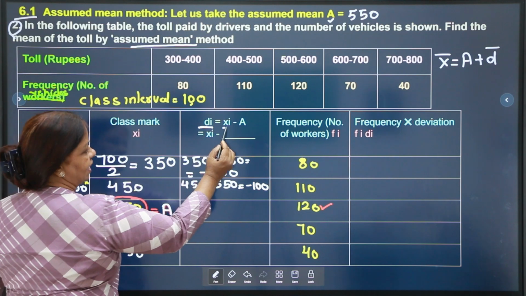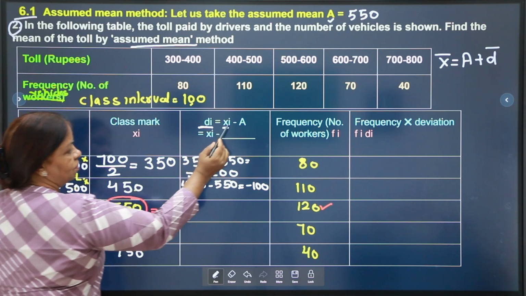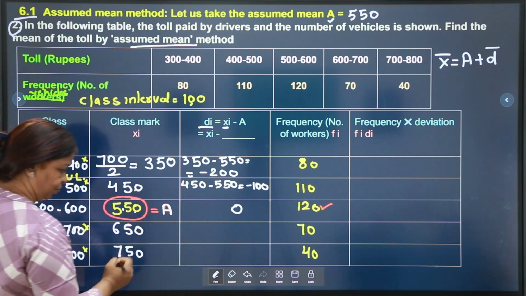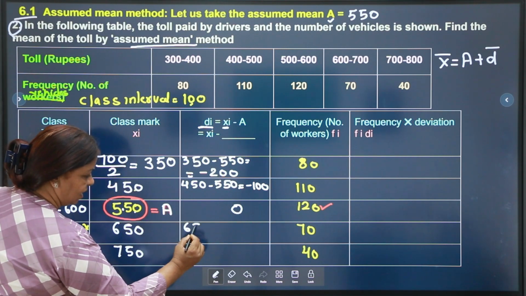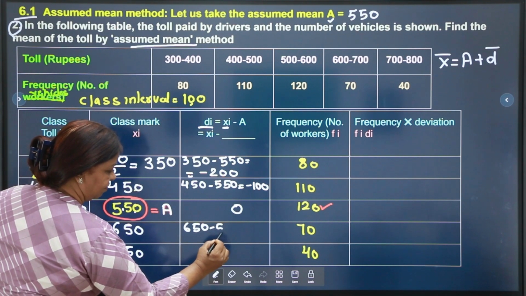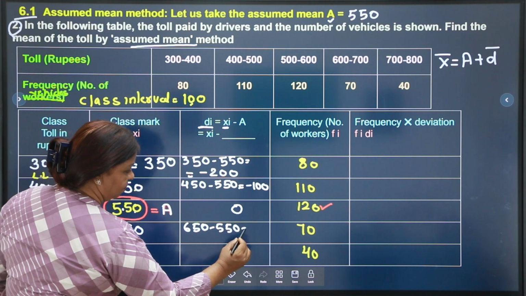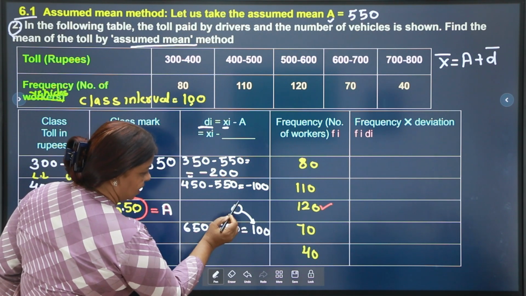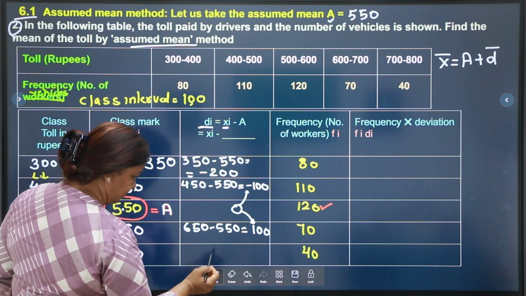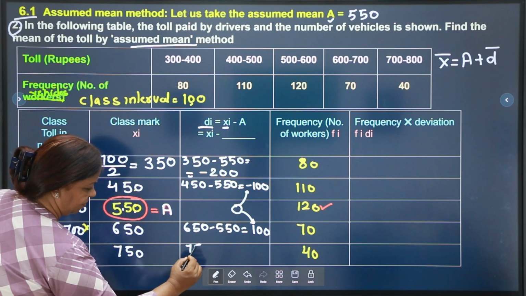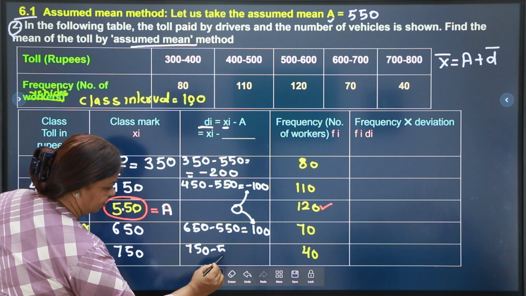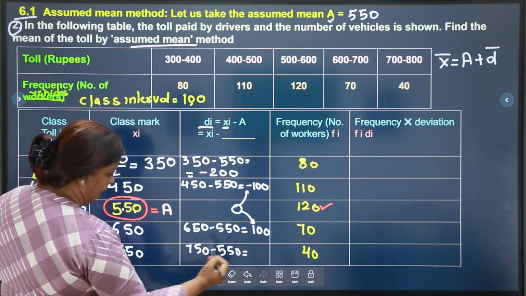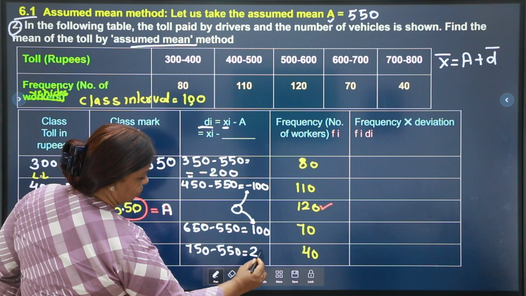550, that is xi. 550 minus A is how much? It is going to be 0. Then 650 minus 550 is going to be plus 100. See here also, after 0 plus, before 0 minus. 750 minus 550 is going to be plus 200.